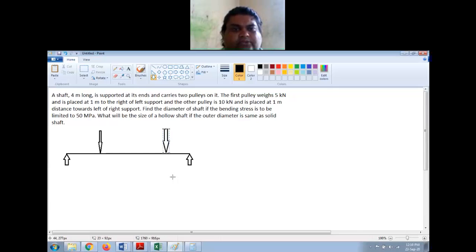And there is one more. I'll show it a little larger because this is 10 kilonewton, and this is at 1 meter to the left of right support. This is right side support. Left side of right side support is this.